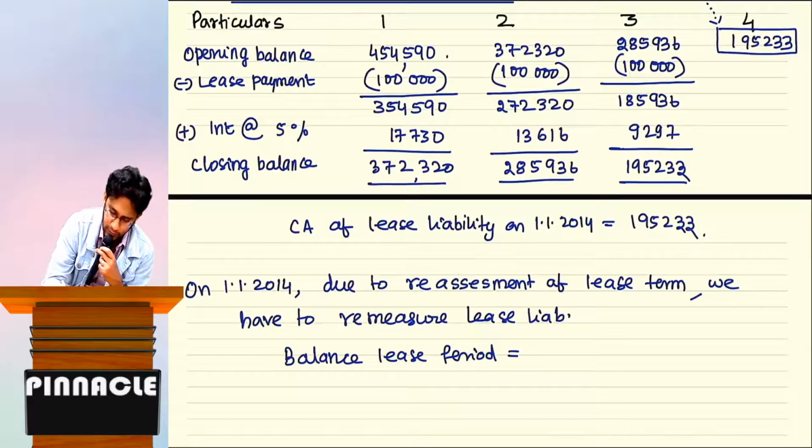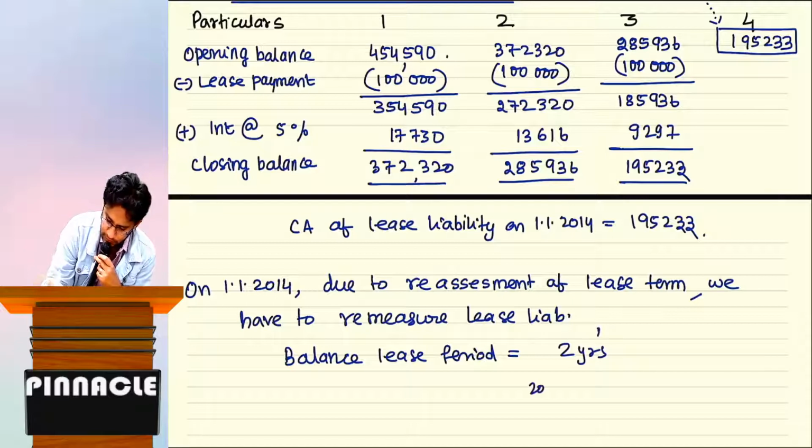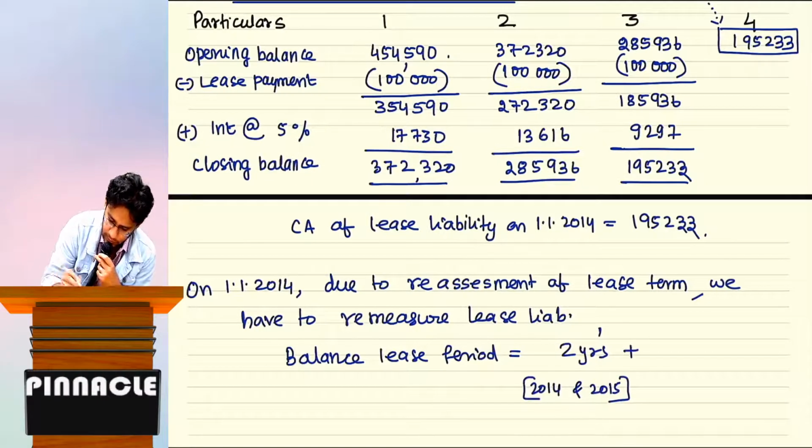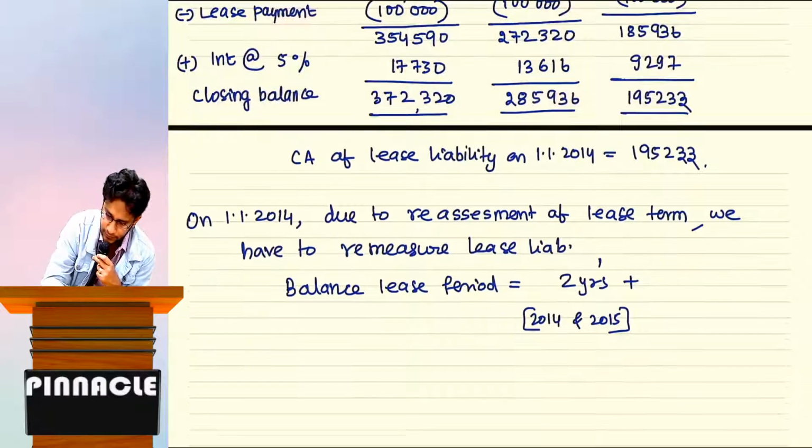Balance lease period is equal to 2 years, which is 2014 and 2015, plus extra how many years? 3 years extension.